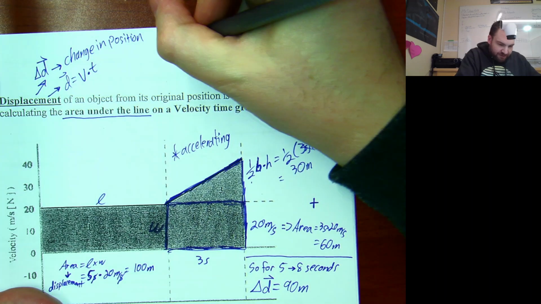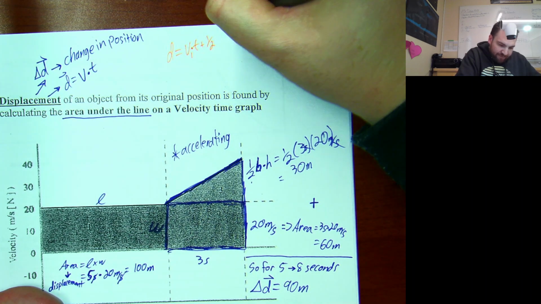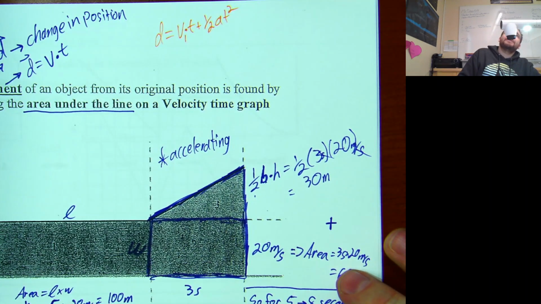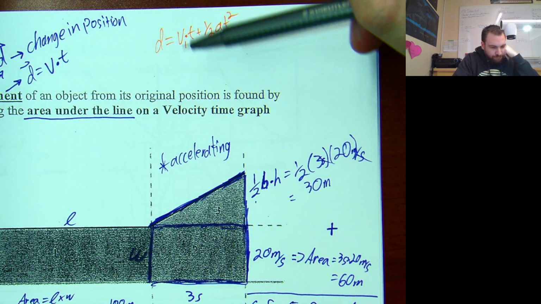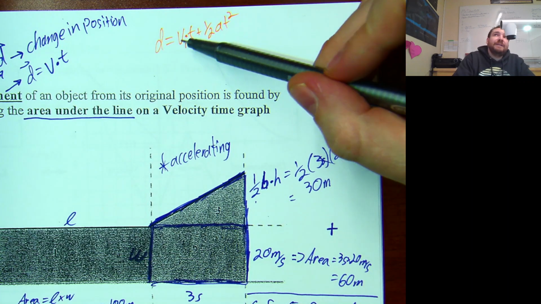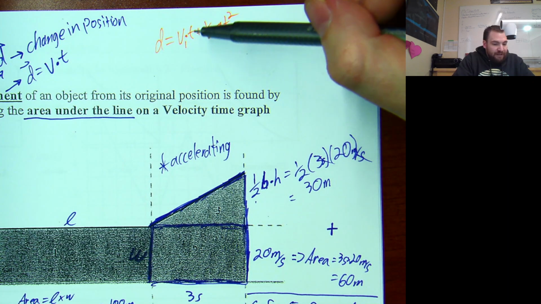d equals v_i t plus 1/2 a t squared. Sorry, I'm going to zoom this in a little bit so you can see what's going on here. We're seeing some of it already. This v_i t piece is a constant velocity times a length of time.